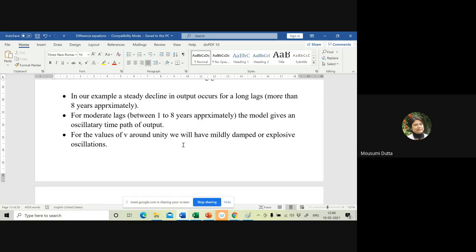If you think about an economy, monotonically starting from a historical point, moving towards equilibrium or moving away from equilibrium, these are not more natural circumstances. More natural circumstances are fluctuations. That is the cyclical movement.